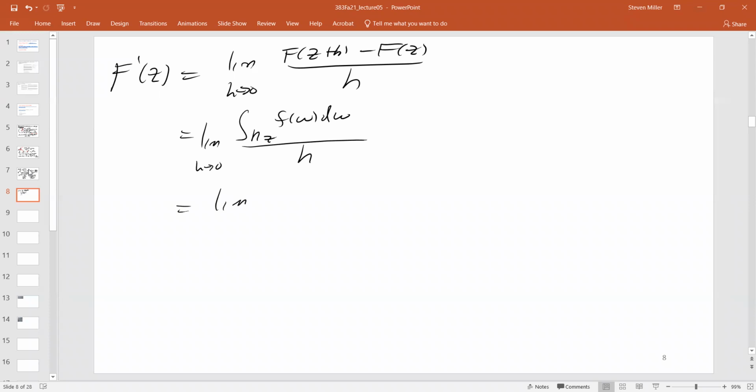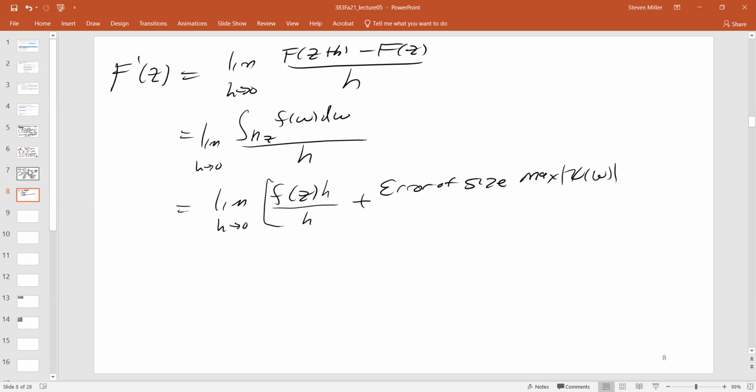This is equal to the limit as h goes to 0 of f of z times h over h plus an error of size maximum c of omega times h divided by h.